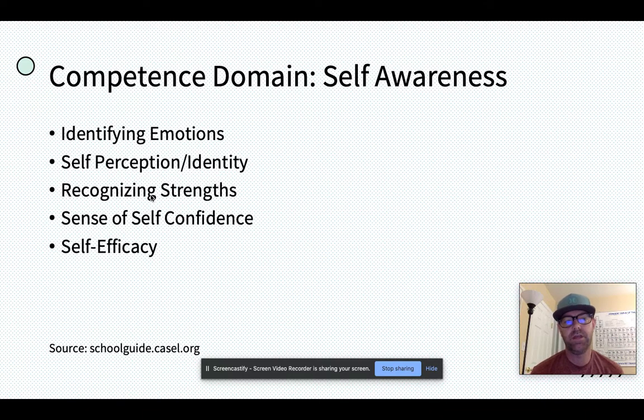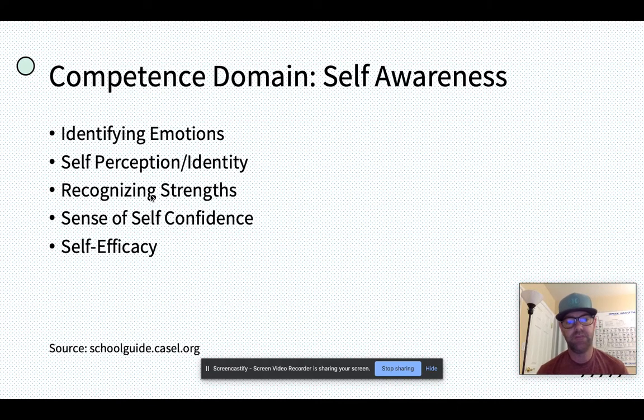This is when a student is able to identify emotions. They have a self perception of who they are as an individual. They're able to then recognize their own strengths and, of course, their weaknesses. And they have a sense of confidence and self efficacy. I feel that this is important for children, especially today with the amount of assessments that we give them.